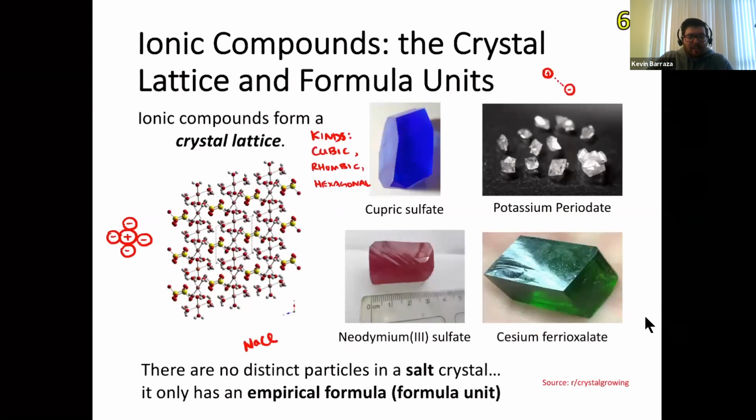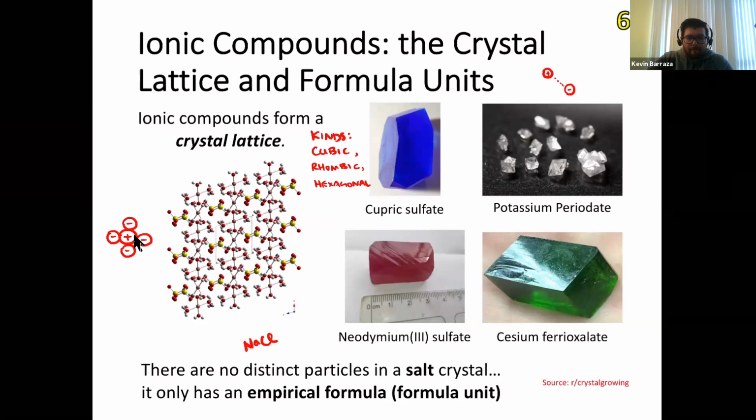And this is also why we say that this crystal lattice doesn't have molecules, because there are a lot of positives and negatives. We just look for the lowest ratio of positive to negative to make an overall neutral substance, because they all just stack all over each other. Plus, minus, plus, minus, plus, minus.